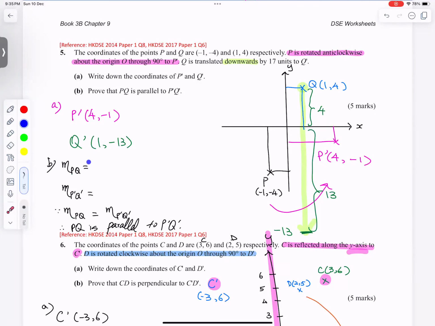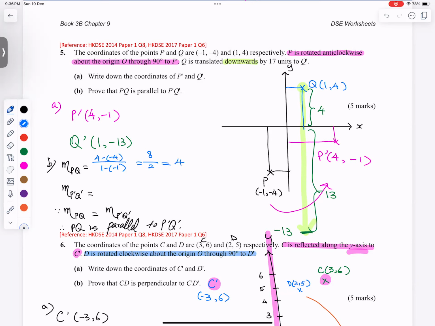So PQ first, that means the original ones. The Y minus the Y over X minus the X. So 8 over 2, which is 4.